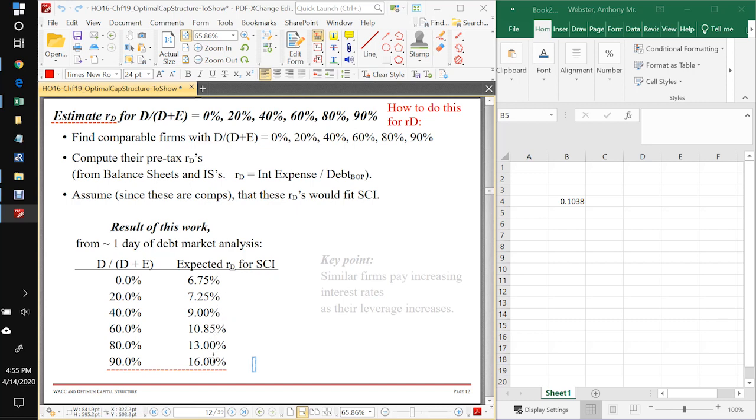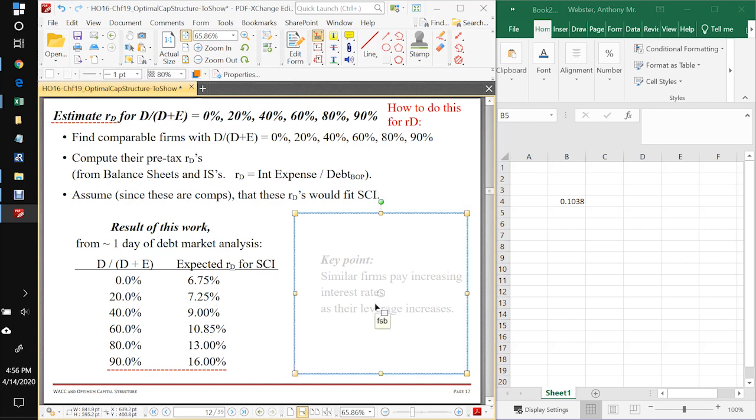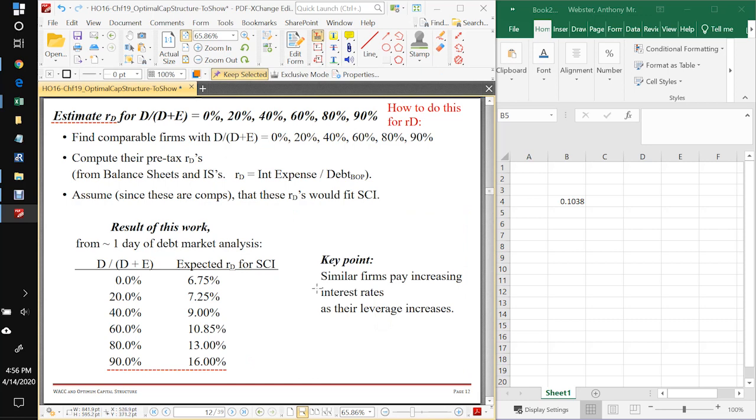More than a doubling of the cost of capital from essentially no debt to very highly levered. And the key point behind this, of course, as I've said, is that similar firms are going to pay increasing interest rates as their leverage increases. So this works for the comps. We would assume because they're comps, it would be true for SCI. So this is good. So we have one big piece of data.